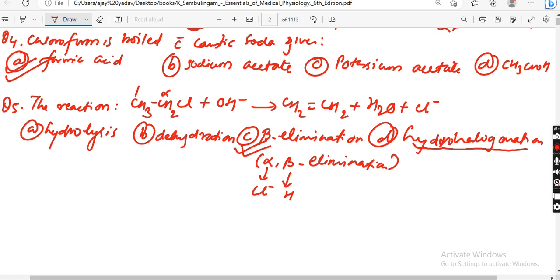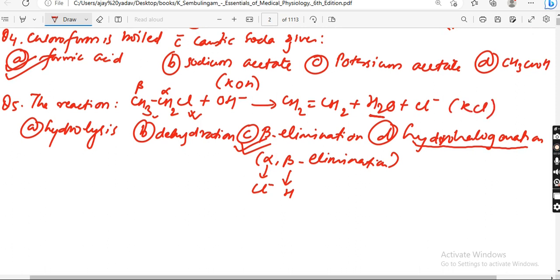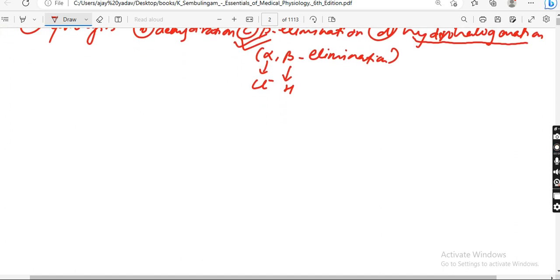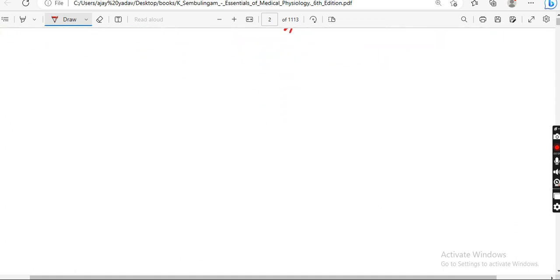This hydrogen with OH minus forms water, and Cl minus is liberated. If we had used KOH, this would have formed KCl. If alpha beta is not given, beta elimination is the correct answer.